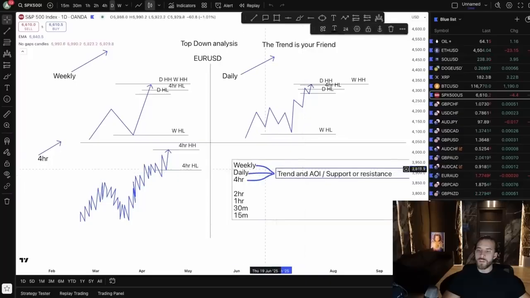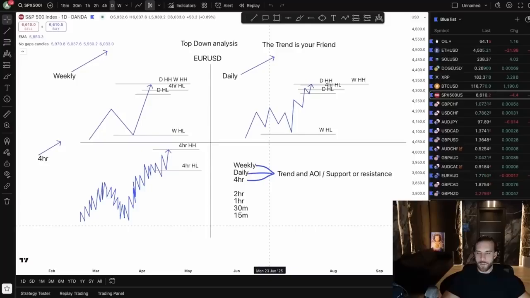But we will be using these higher time frames to identify where is the overall direction of the market going, because we want to be trading with that direction. If the majority of the higher time frames are going up, best believe we're just going to keep going up. If the majority of the higher time frames are going down, best believe we're going to continue that trend to the downside. There's no better option when it comes to buying or selling.